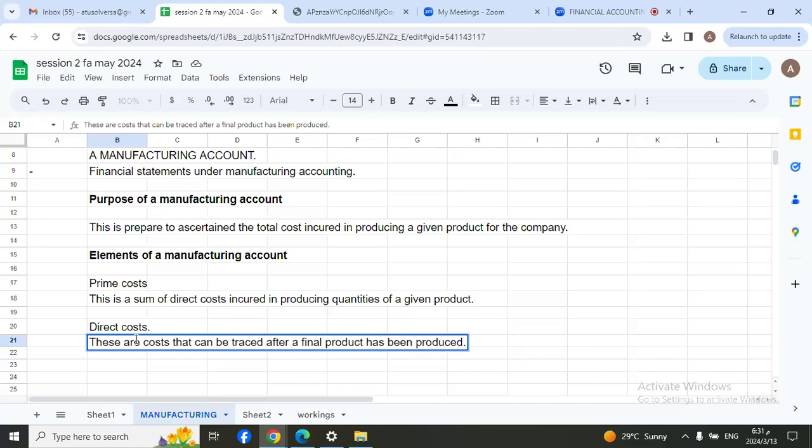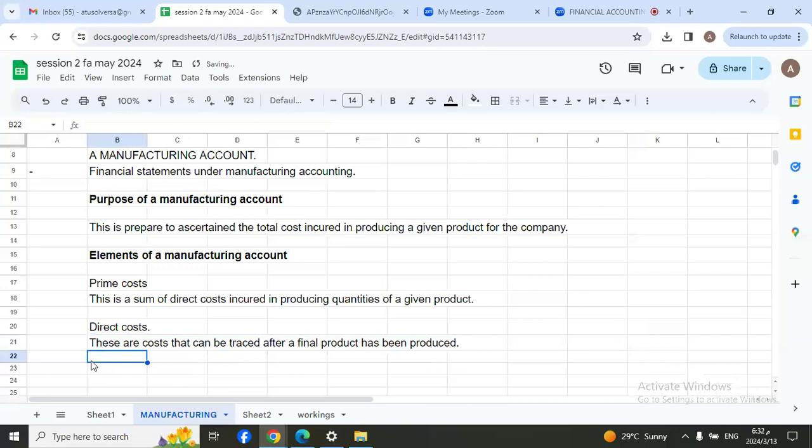For example, take a soda. After producing 2,000 cartons of soda, you will know how many bottles, how many liters of soda, how many labels have been taken to produce the 2,000 cartons. That's why we say these are costs that can be traced on a final product that has been produced. They include the following.